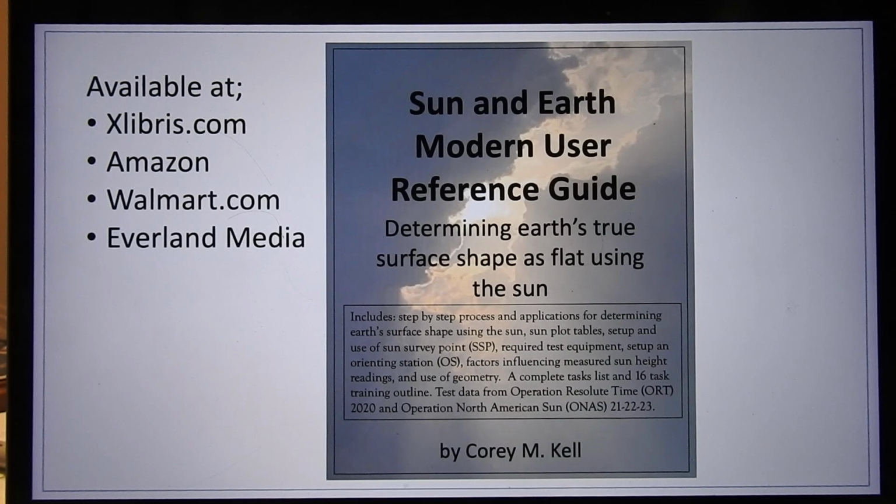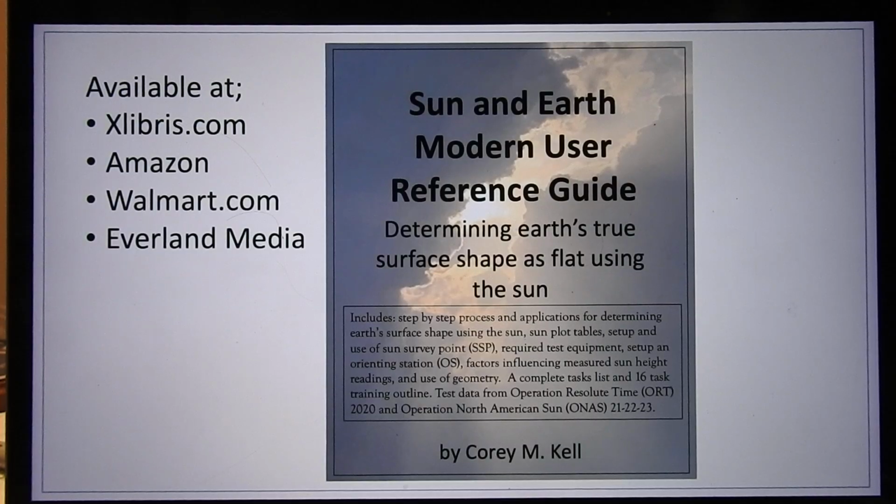So if you've never learned how to use a compass, it teaches you how to do that. It also shows how to set up a sun survey point, which is really setting the geometric edge, or setting a starting point where you're going to start to take measurements or heights to the sun. Again, a really comprehensive step-by-step in-depth look, written by myself.